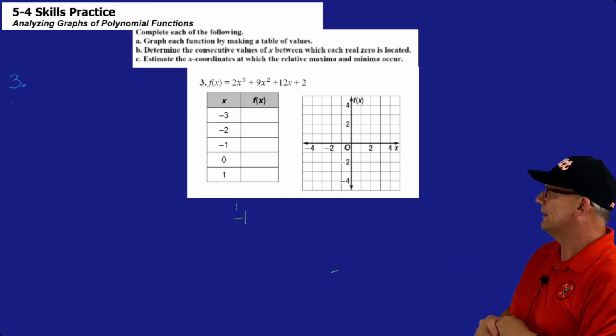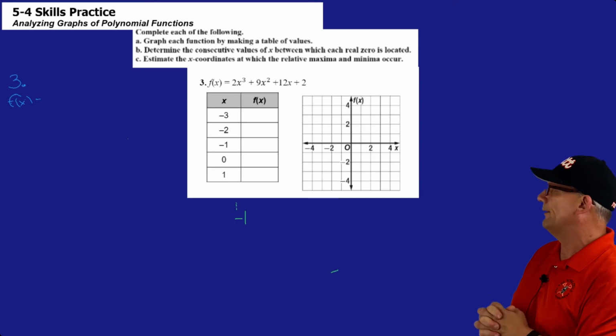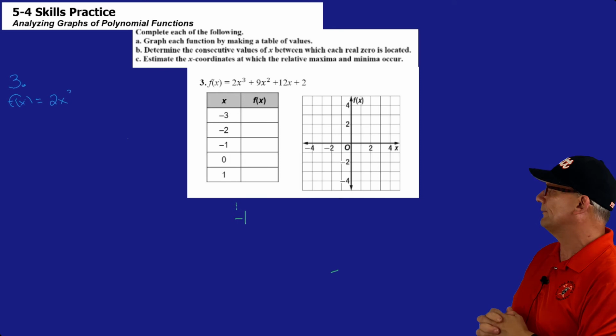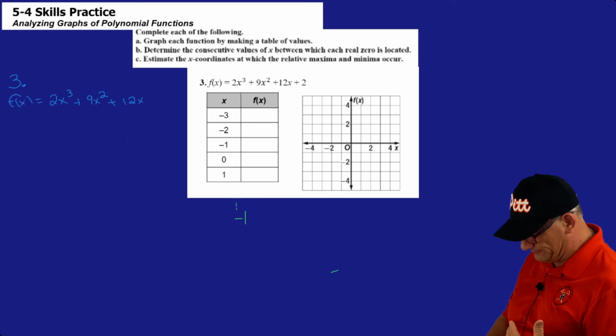Okay, number 3, same thing. We're gonna go through the math, plug all the values in, and graph it. This is a pretty straightforward concept, right? So here we go, 2x cubed plus 9x squared plus 12x plus 2. We're gonna graph the function by doing a table of values. We're gonna plug -3 in.